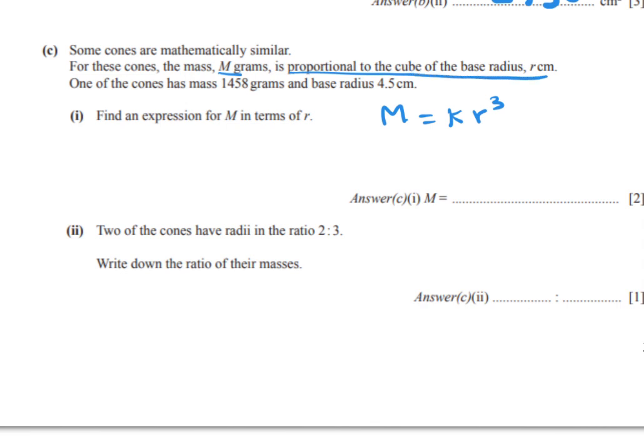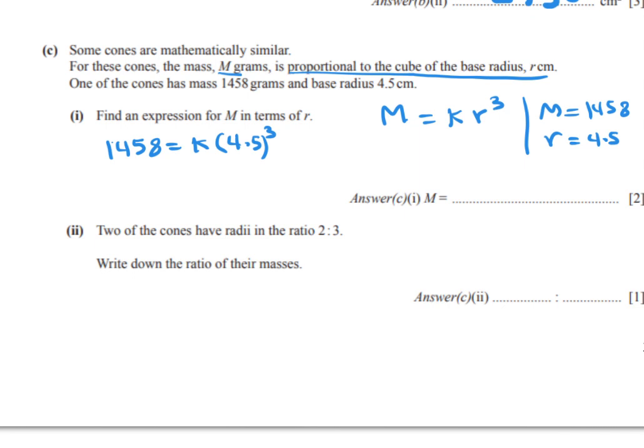One of the cones has mass M equal to 1458 and radius 4.5, so we can find K. 1458 equals K times 4.5 to the power 3.